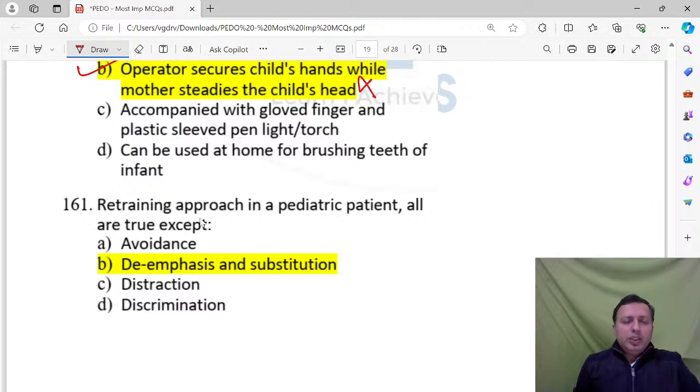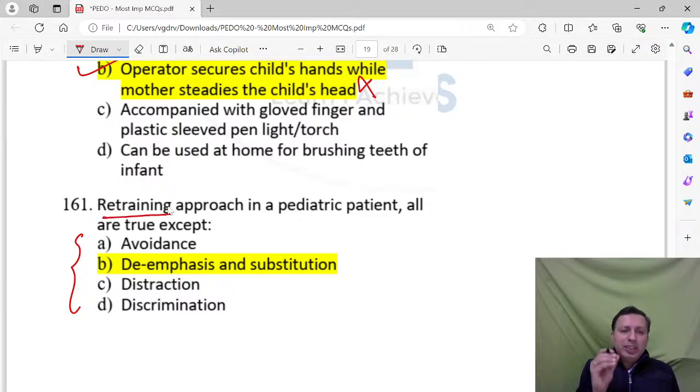Now the next question is: the retraining approach in a pediatric patient, all are true except avoidance, de-emphasis, substitution, distraction, discrimination. Now these are some of the non-pharmacological behavior management techniques. What is retraining? Retraining is a technique used in patients who have had a previous bad dental experience.